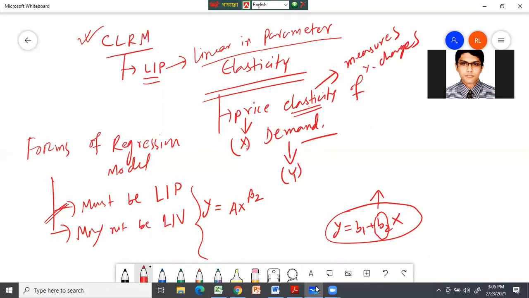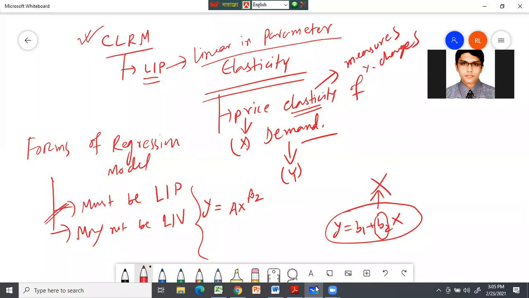Okay. So elasticity always measures the percentage change, and this percentage change, which is followed by elasticity related to price and demand, you cannot express in a linear regression form like y equal to b1 plus b2x.